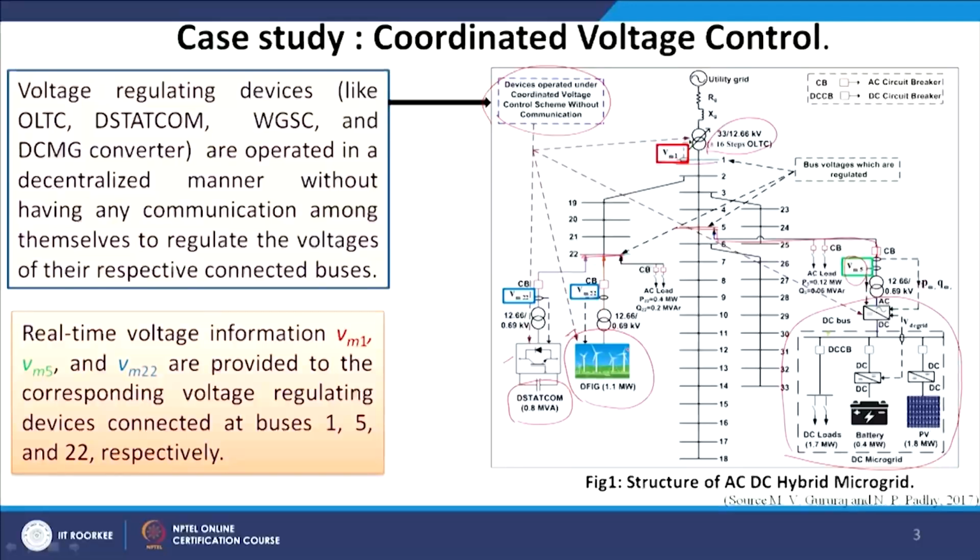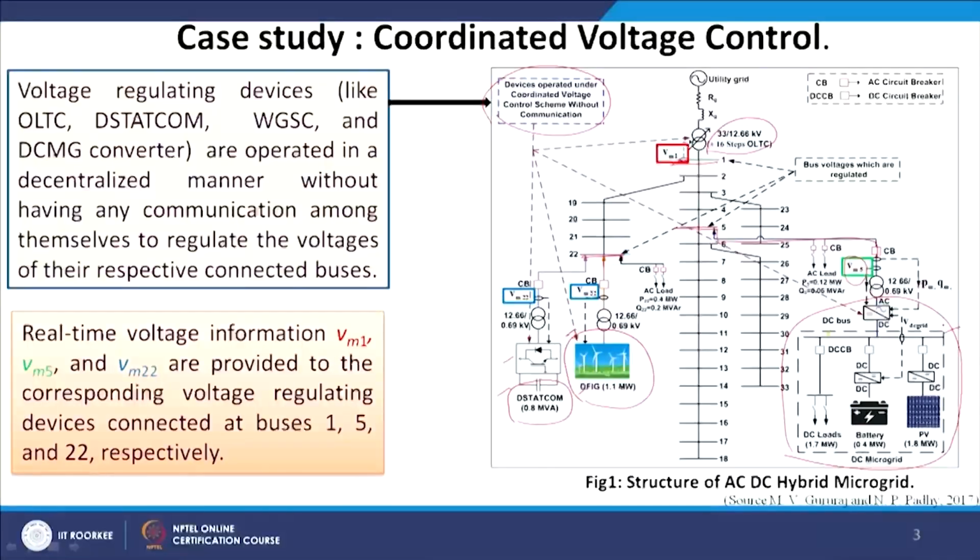Hence they regulate the voltages in their own way at the respective buses, but they do not look at other buses. Real time voltage information at bus number 1, 5 and 22 are provided to the corresponding voltage regulating devices connected at bus number 1, 5 and 22. So, overall, these devices control the voltage at their respective buses, but they do not really communicate among themselves to see what kind of scenario other buses face.